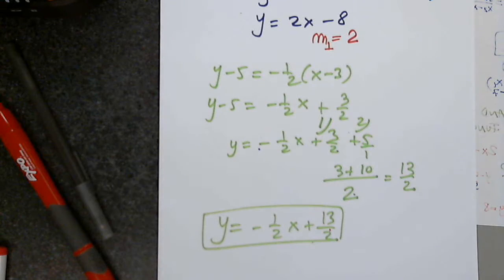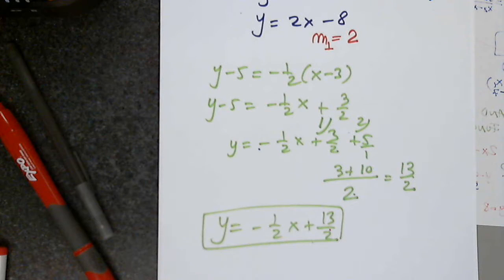Step number 2, after we identify the slope in part 1, we determined the slope of the perpendicular line. Once we had that, in step 3, we used point slope form. And finally, in step 4, we solve for y.